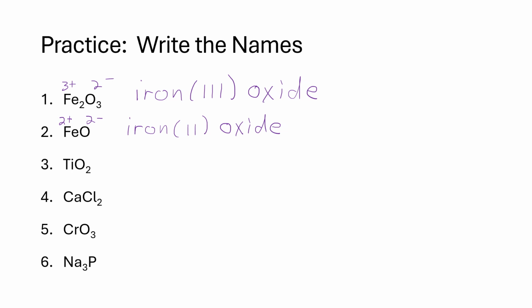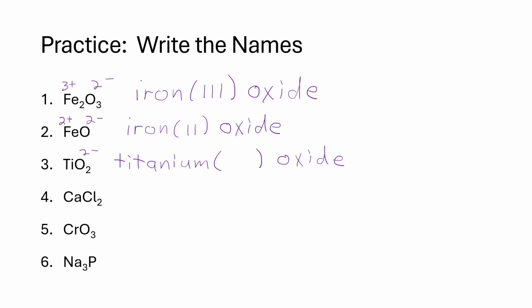All right, on the next one, we have TiO2. Titanium's a variable charge metal, so we are going to have to figure out what Roman numeral to put in for titanium. The oxygen part we're just going to call oxide, and we know that oxygen has a 2- charge, and this formula has 2 oxygens.